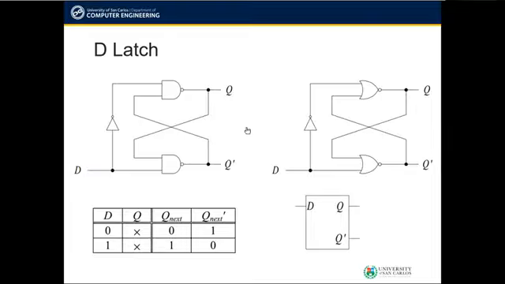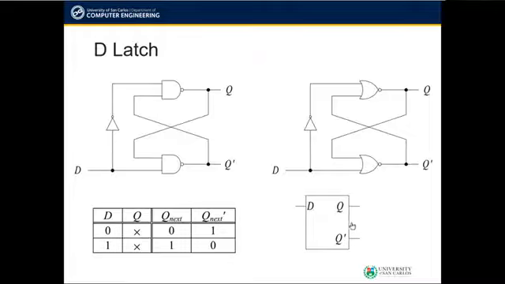For both implementations, D is considered as the input and Q and Q prime are the outputs. Take note of where the complemented and uncomplemented D inputs are, since they cannot be interchanged. This here represents the block diagram of a D latch.